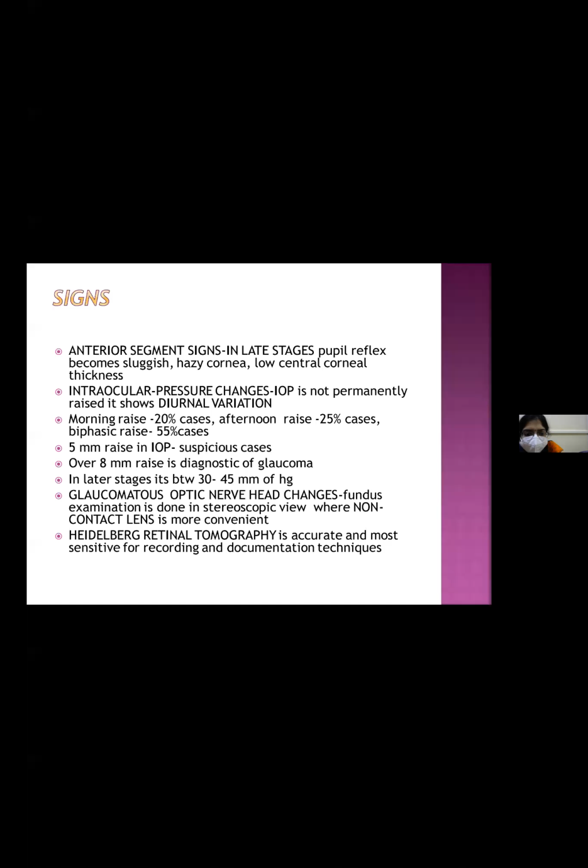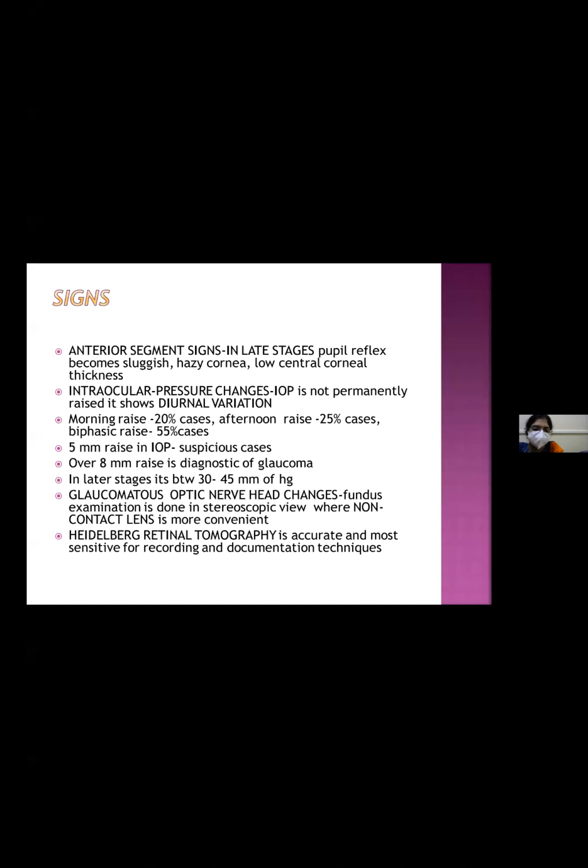A rise of 5 mm in IOP is suspicious, but a constant 8 mm rise in IOP is diagnostic for glaucoma. In later stages, the IOP ranges between 30 to 45 mm Hg. The normal range is 10 to 21 mm Hg.